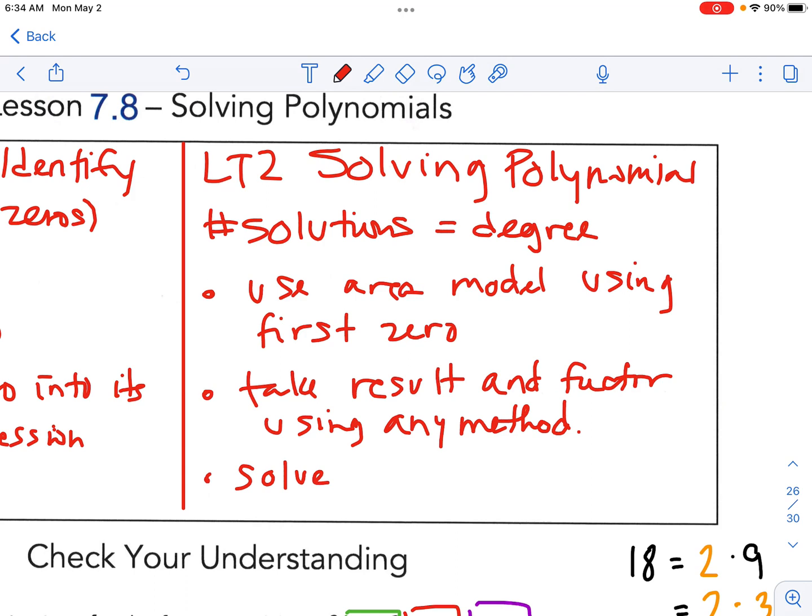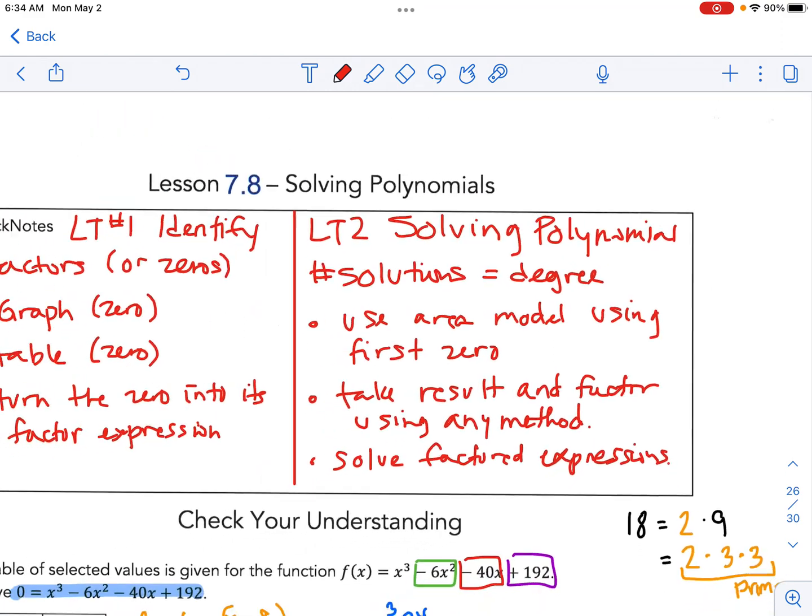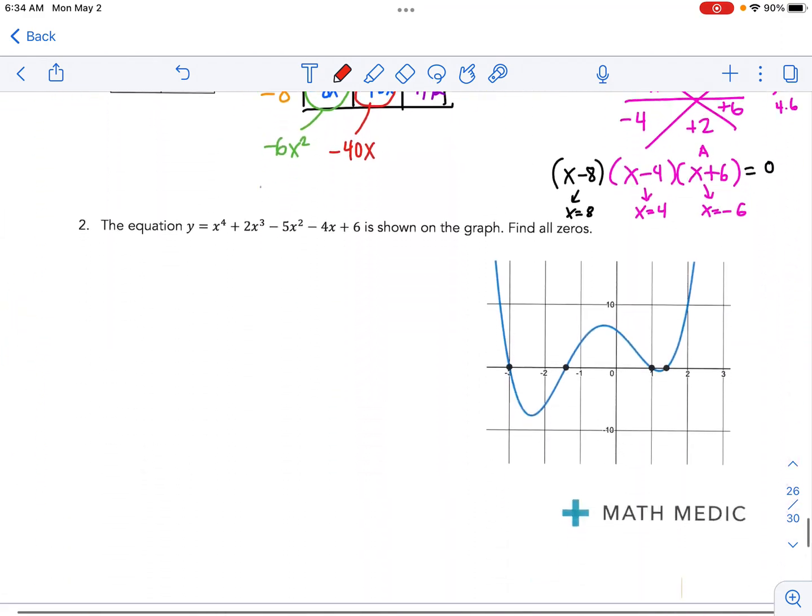And then solve. You've got to solve all those factored expressions, so that you can get all of your zeros.